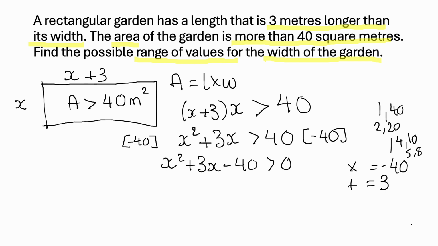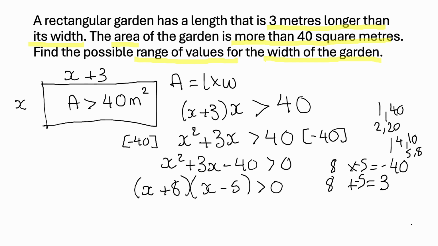In order for the two numbers to multiply to make negative 40, one of them will have to be negative. Okay, I can see 8 and negative 5. 8 and negative 5 do add to make 3. So those are our numbers. In one bracket we put x plus 8, then in the other bracket x minus 5, and that has to be greater than 0.